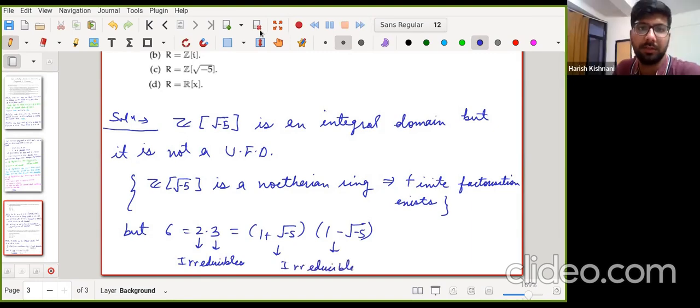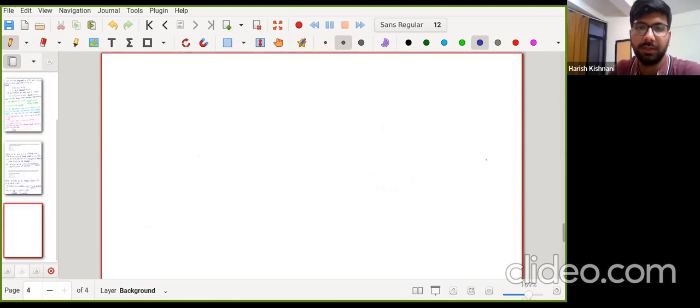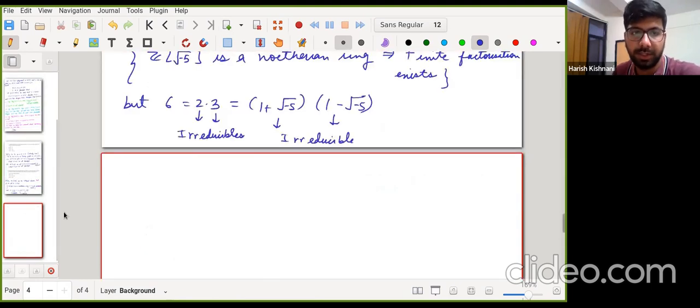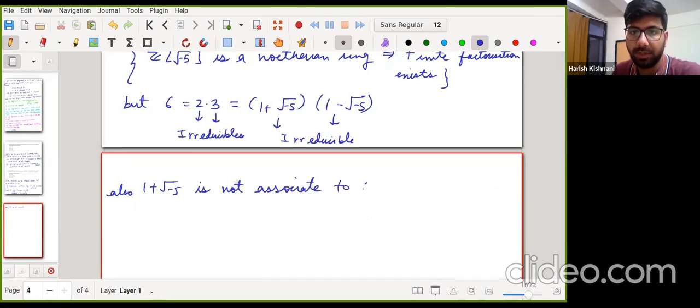And for unique factorization, you also need to see that they are not associates. So 1 plus root of -5 is not associate to 2 and 3.